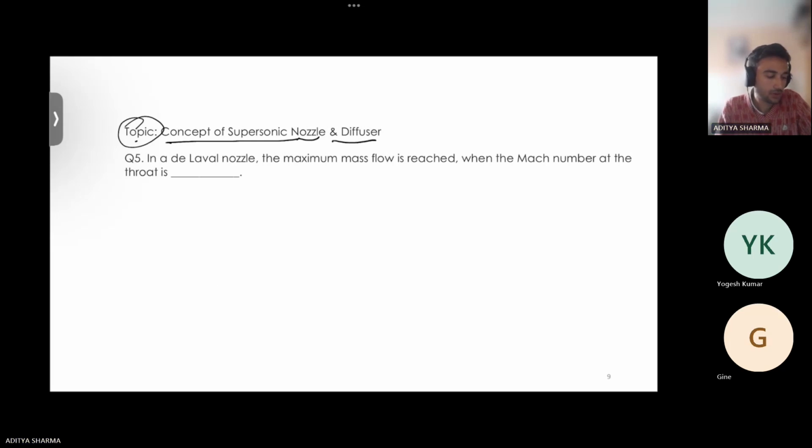So in a de Laval nozzle, the maximum mass flow is reached when the Mach at the throat is... I have already discussed this. So what's the answer to this question?